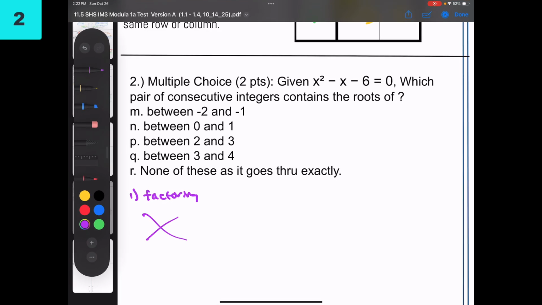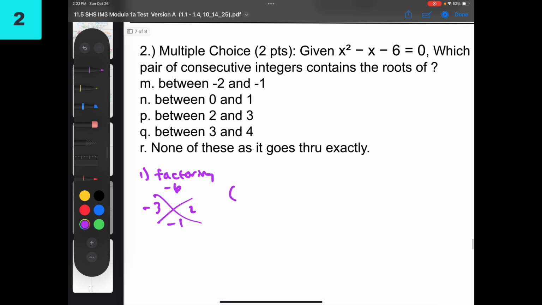So a times c is -6, b value is -1, so that'll be 3 and 2, and -3. Remember the shortcut? You only need the numbers on the side there if your a value is 1. So when a is 1, you see that these go there and there. And then if you set them equal to 0, you'll realize that x is equal to 3 and -2.